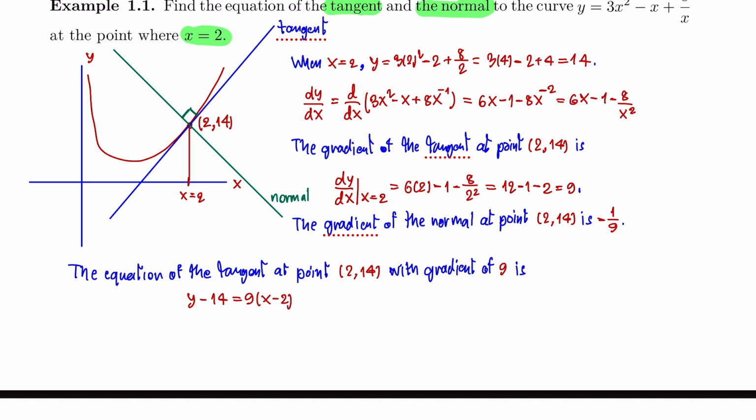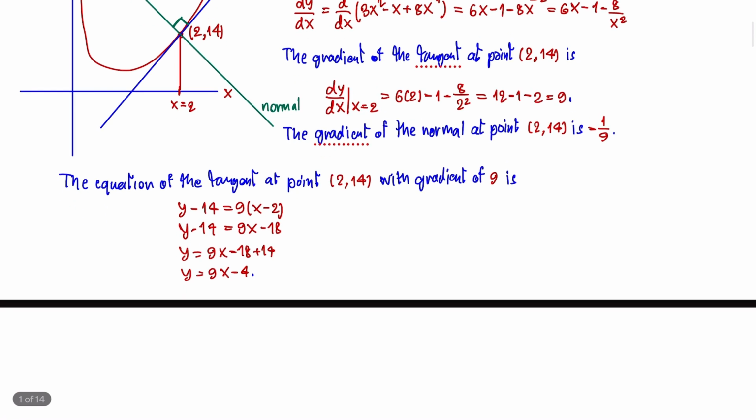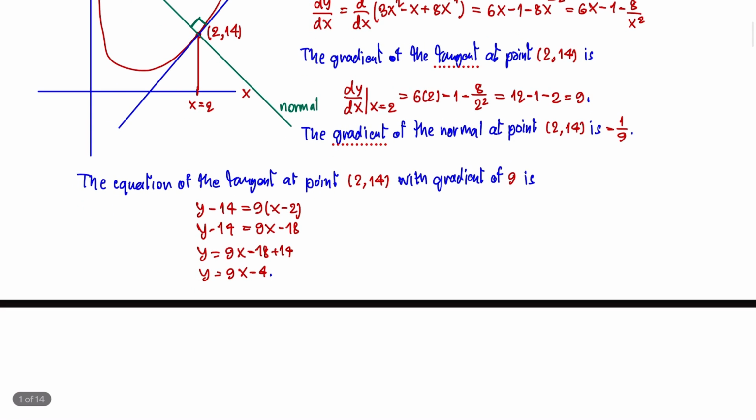Then we have y minus 14 equal to 9x minus 18, and we move minus 14 to the right side, so we have y equal to 9x minus 18 plus 14, so y equals 9x minus 4. This is the equation of the tangent.